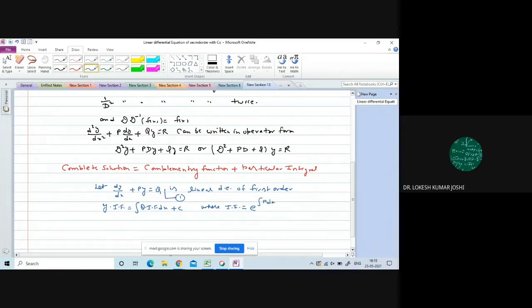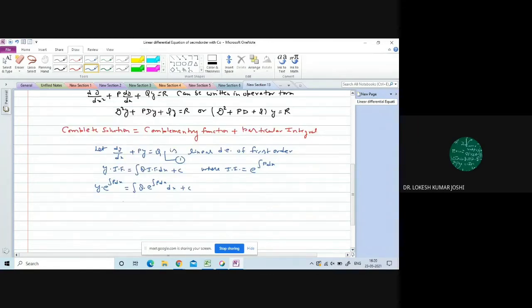Putting the value of integrating factor, it will be y into e to the power integral p dx equals integral q into e to the power integral p dx plus c.